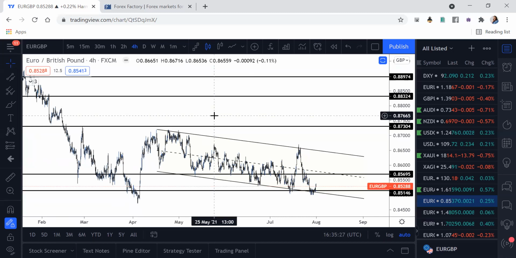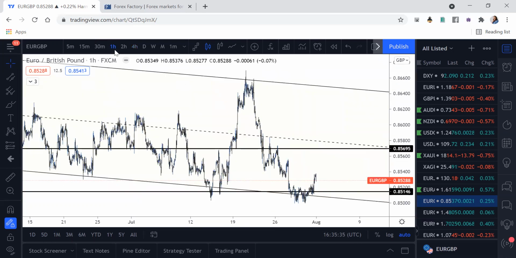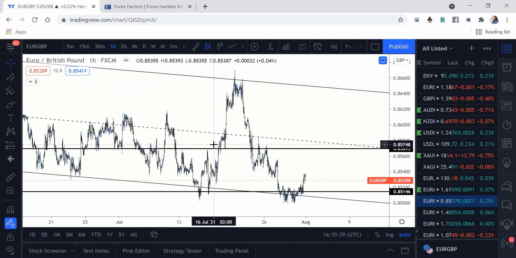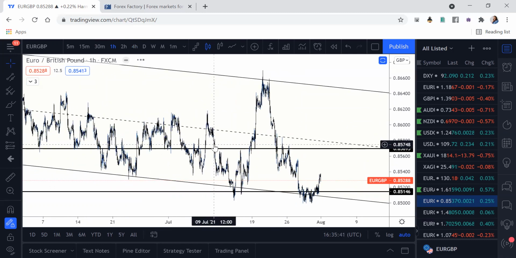So now I'm gonna drop down to the 1-hour time frame. And can we identify any other patterns that would suggest that the trade is ready to take off, ready to move to the upside? Yes, I can see one.